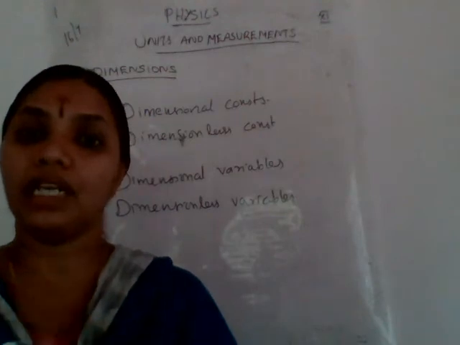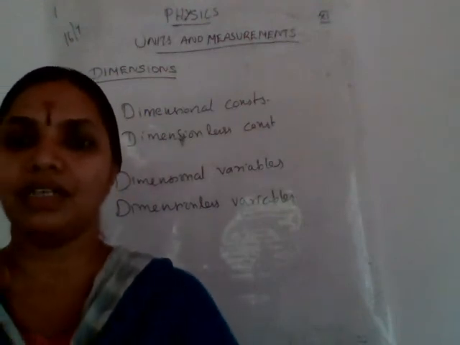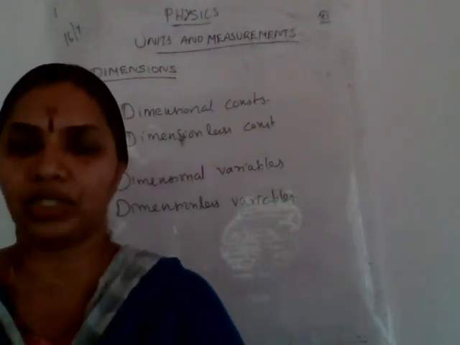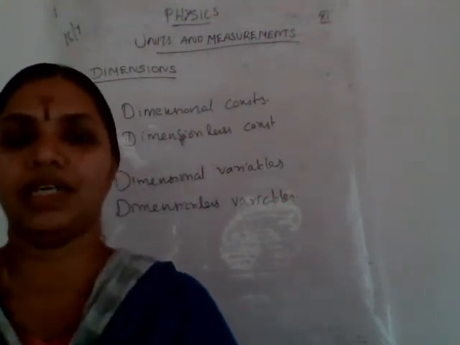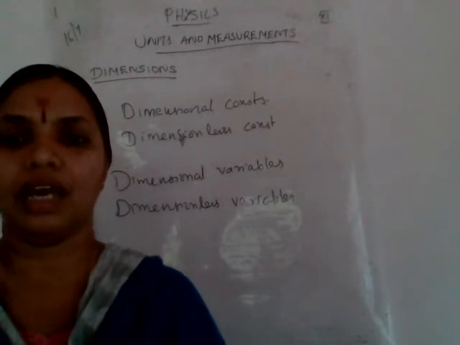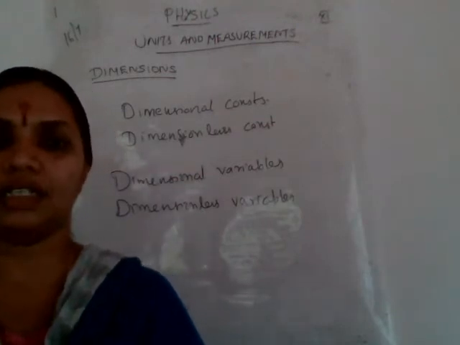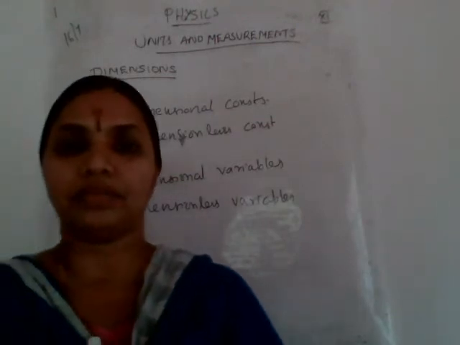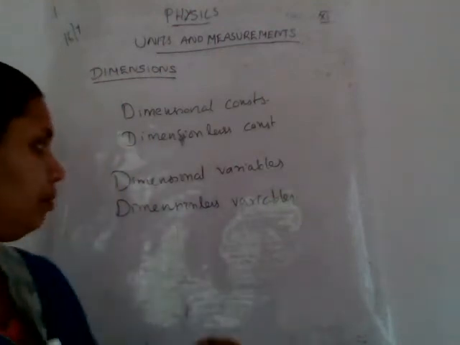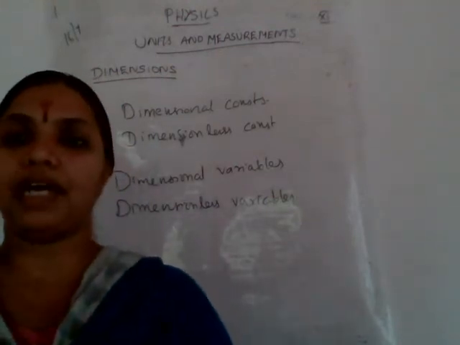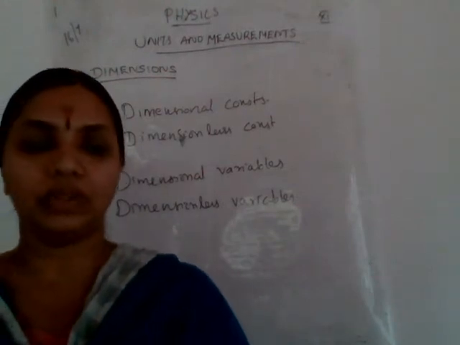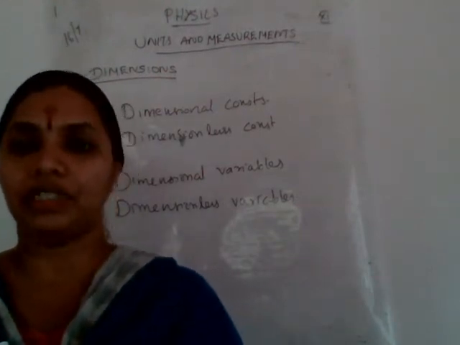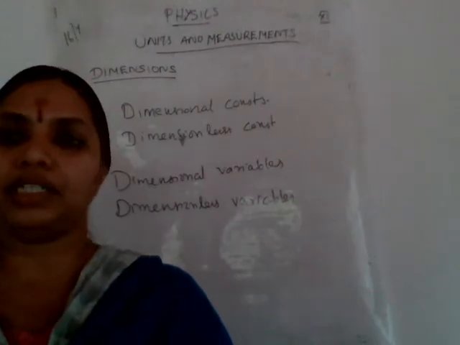Then dimensionless variables. Variables which do not have the dimension. So what is it? One example. Angle. Isn't it? So that is a dimensionless variable. Variables which are varying quantity, but it does not have the dimension, or it does not have the unit.